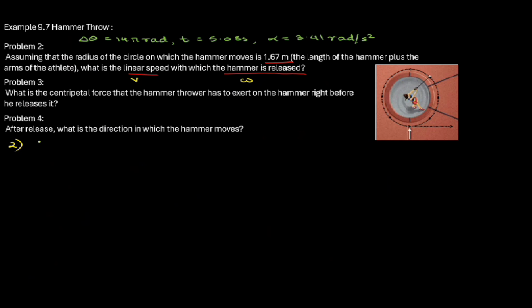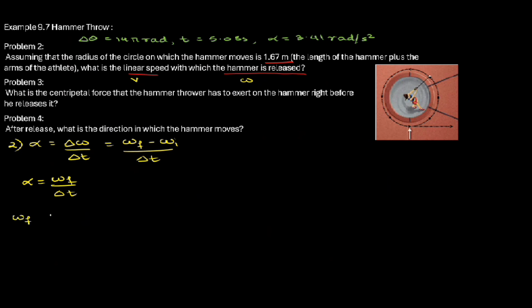We have the angular acceleration alpha, and we can write alpha as change in angular velocity over the time interval delta t. We can solve for alpha. Change in angular velocity is nothing but the final angular velocity minus the initial angular velocity over the change in time. Since initial angular velocity is 0, we can just write alpha as omega final over the time t.